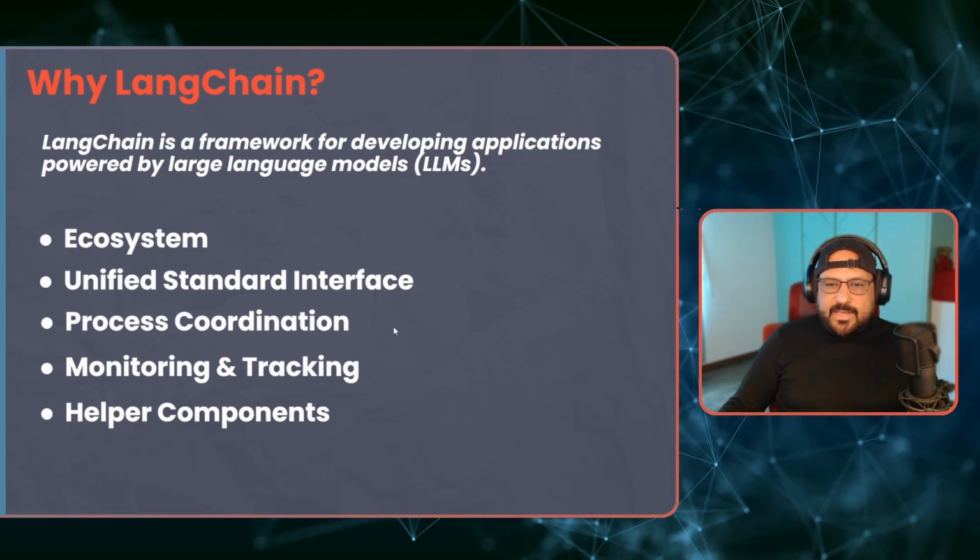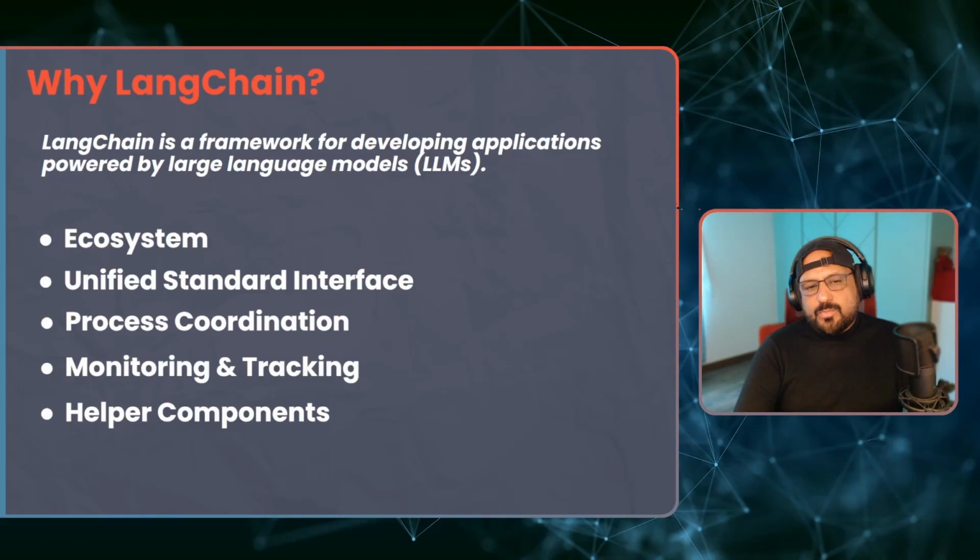Another is process coordination. Obviously, when you are building a commercial application, just the LLM will not do all the work, right? The LLM is the brain of the application, but there are a lot of other things we probably need to do, like writing to a database, reading from a database, searching the web, reading PDF documents, CSV documents, sending emails, maybe sending SMS, reading SMS, a number of things which are outside the premise of LLMs, and only then will we have a full-fledged working application.